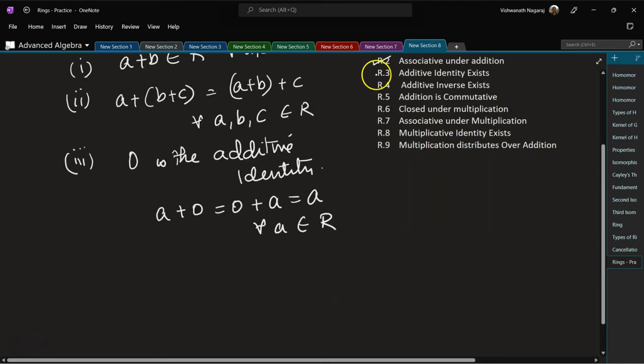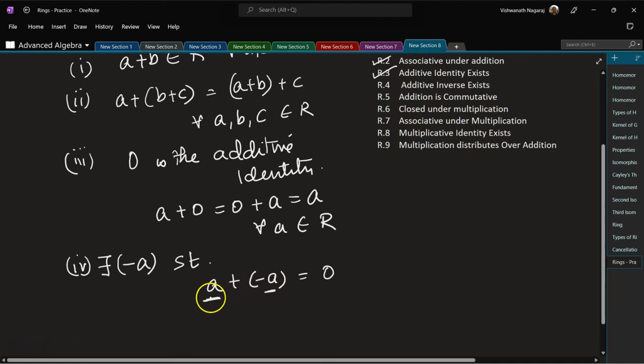So additive identity exists. Now, additive inverse: minus a, there exists an element minus a such that a plus minus a is equal to 0, right? So you have an element a, you have a negative a, which is the inverse.